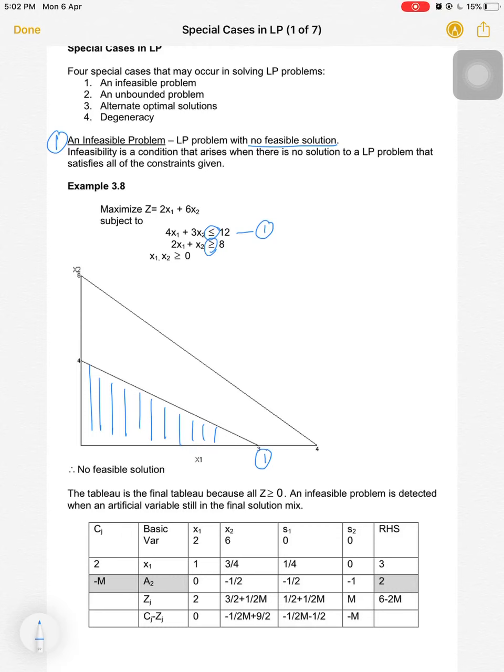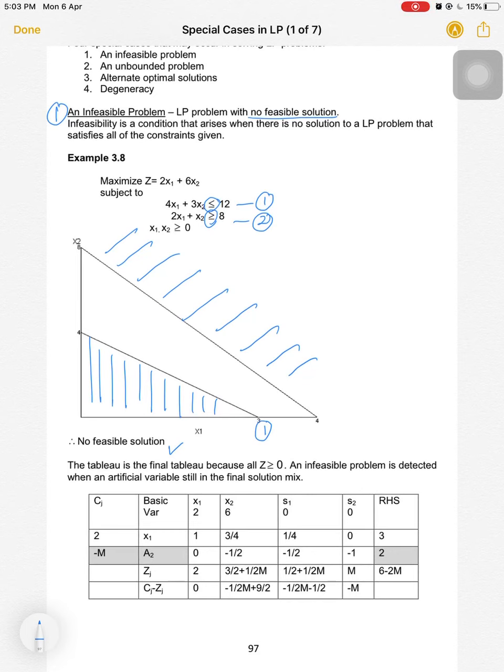Then constraint number 2, the region will be here. That means no feasible solution of all constraints. So we can say this solution is no feasible solution.